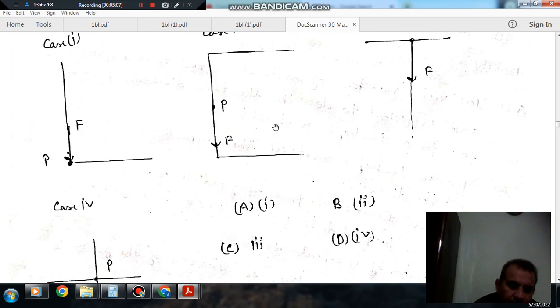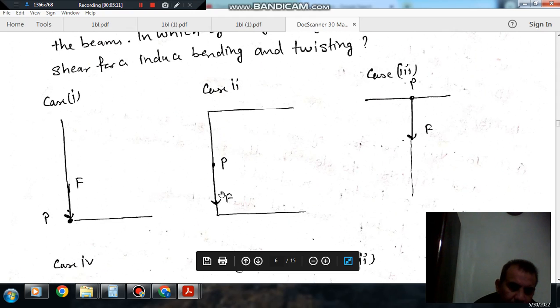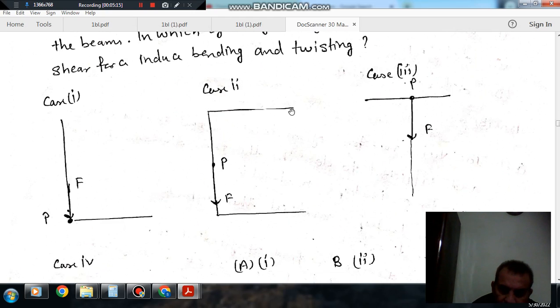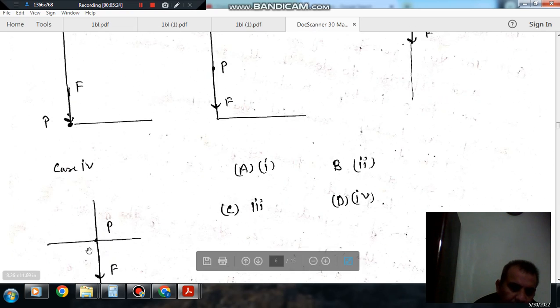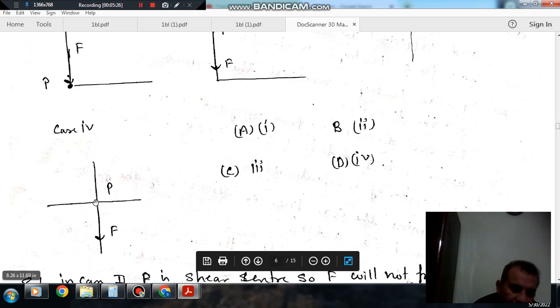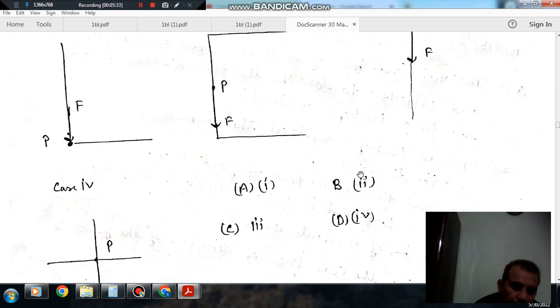This is case 1, this is case 2, and this is point P where force F is acting. The thin wall section is like a channel section, and in each case F acts at point P. Options are A: 1, B: 2, C: 3, D: 4.